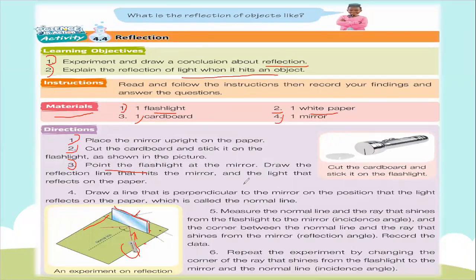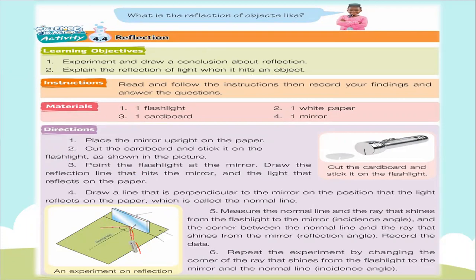Now draw the reflection line that hits the mirror and the light that reflects on the paper. So here you can see, students, we already placed a flashlight, and open up the light. Now what we have to do is draw, look at the reflection, like the light coming out of the flashlight.